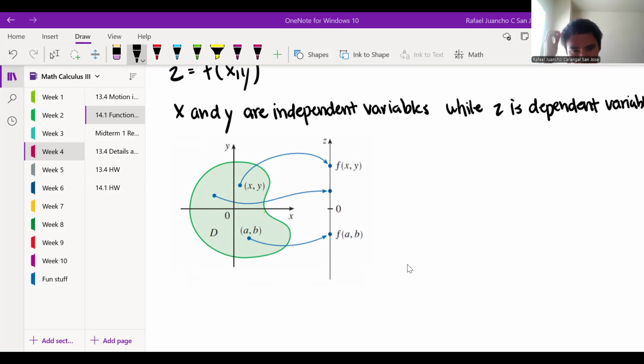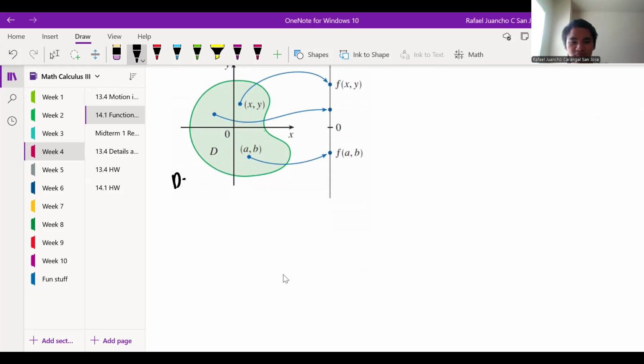And the range is a set of numbers on a real line, shown as a z-axis. So this is what we call the domain, and this is what we call the range. They are two completely different things.